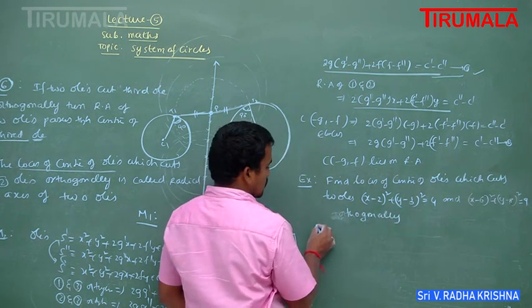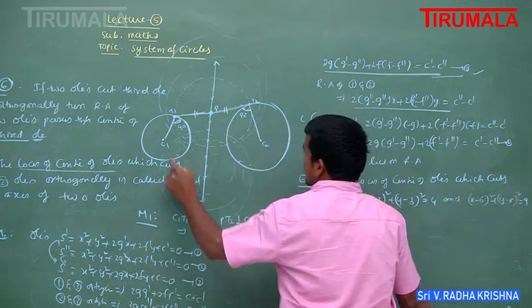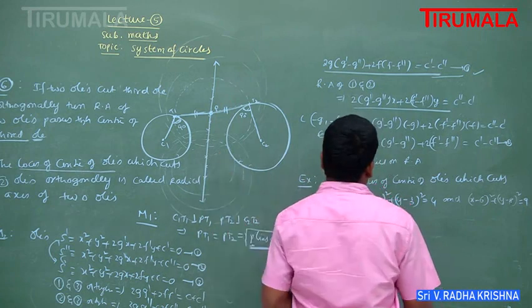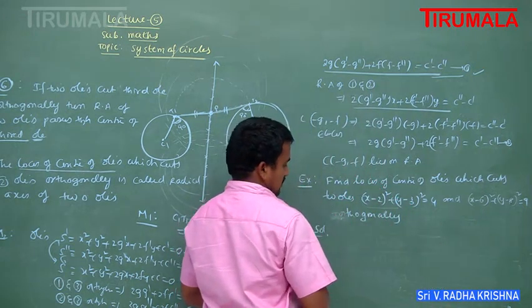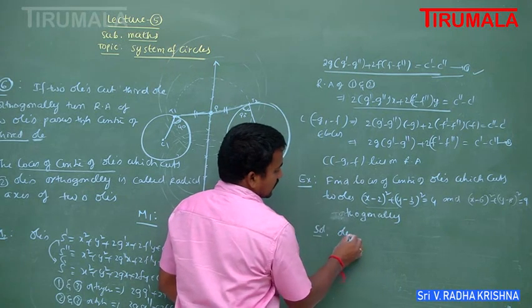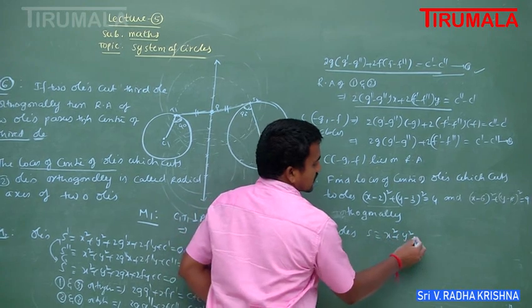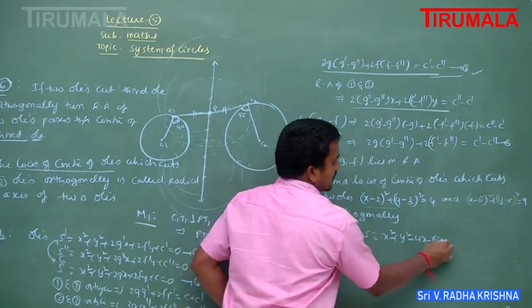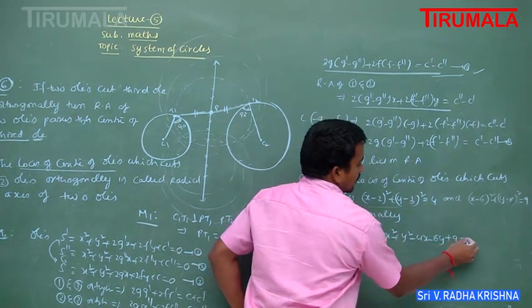So the solution is, here two circles are given. Simply observe that, from the concept, the radical axis is the required answer. The first circle is S = x² + y² − 4x − 6y + 4 + 9 − 13... that is, x² + y² − 4x − 6y + 13 − 4 + 9... equal to 0.